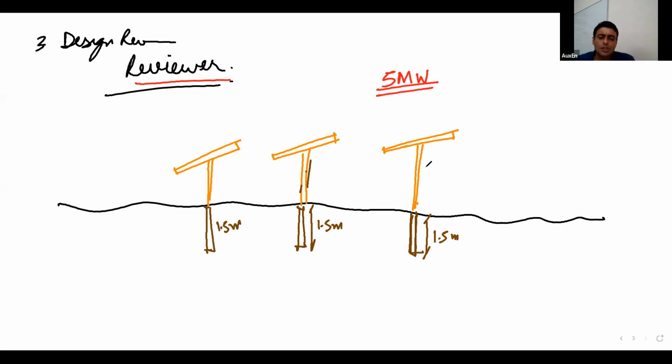These are called short piles. I will discuss these issues in detail later on, but unfortunately our Indian codes, the IS 2911 series for piles, still do not have adequate provisions for short piles.